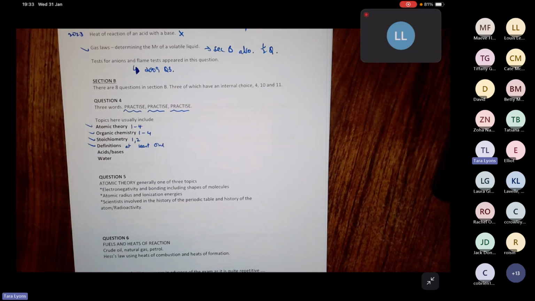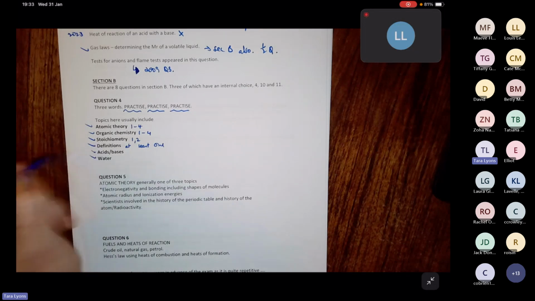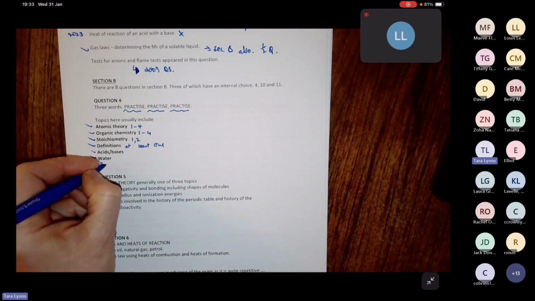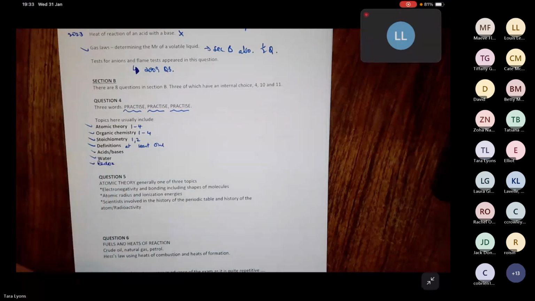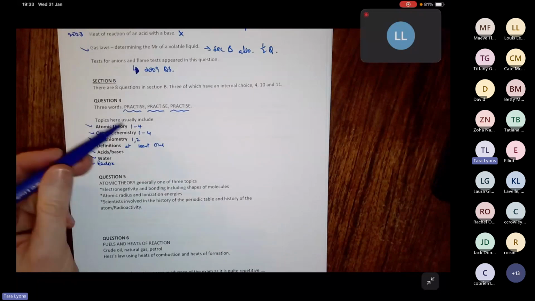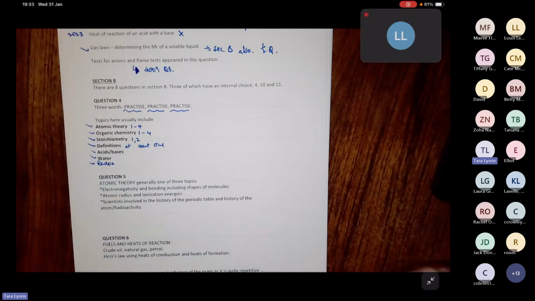What's a conjugate acid, a conjugate base? And you'll often get questions on water. I can add to that. You could get redox coming up there as well. So again, it's a matter of going through as many question 4s as possible, and you need to prepare in advance of going into it.